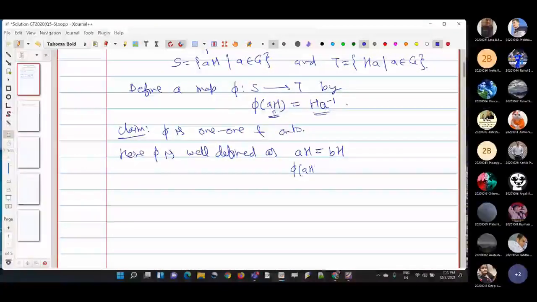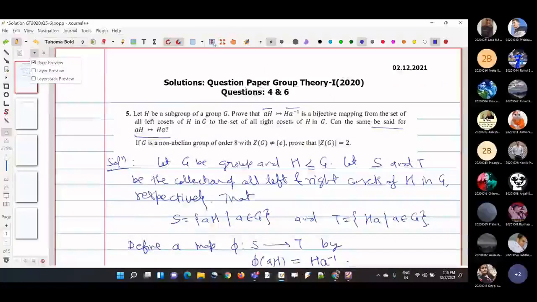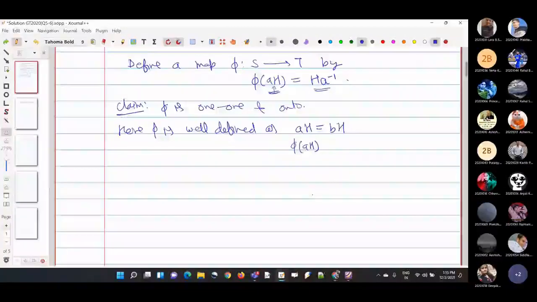If you apply phi, by definition this is going to be... or else we can say like this: if aH equals bH, this implies that ab inverse belongs to H. You know that the two left cosets are equal if and only if this holds.